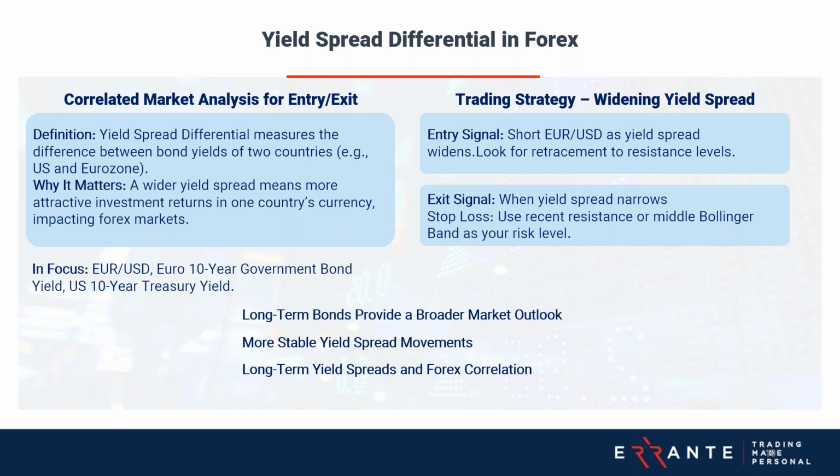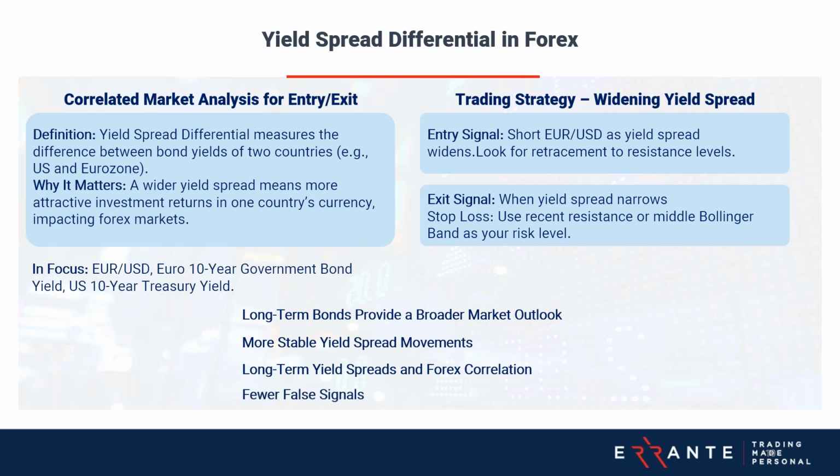When the spread widens, favoring US bonds, the USD tends to appreciate against the Euro as investors seek higher returns. If you use short-term bonds like 2-year or 5-year, they are more likely to react to immediate central bank decisions, as I mentioned, like rate hikes or cuts, which can cause whipsaw effects on currency pairs, making the strategy less predictable.